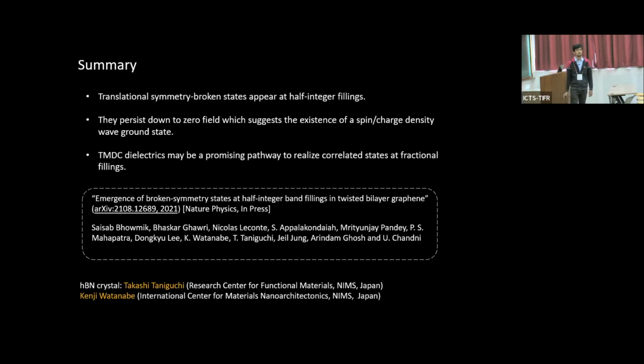So how correlated is it? How can I estimate, say, U by T, what will be the rough number? This is for magic angle twisted bilayer graphene. It will be very much greater than 1, so the Coulomb interaction dominates over the kinetic energy.